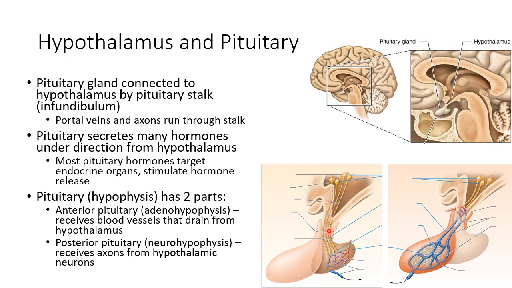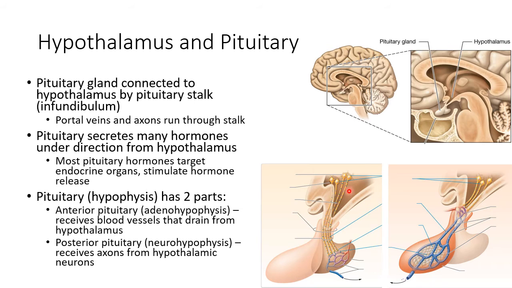Instead, you have axons that come from neurons in the hypothalamus. These neurons send their axons down into the pituitary stalk and into the posterior pituitary lobe. These neurons actually make hormones. One of the hormones they make is oxytocin, like the lovey-dovey hormone. Well, it's also a neurotransmitter.